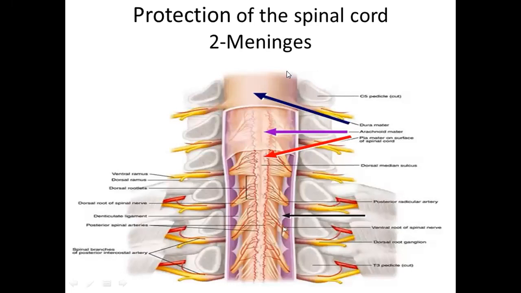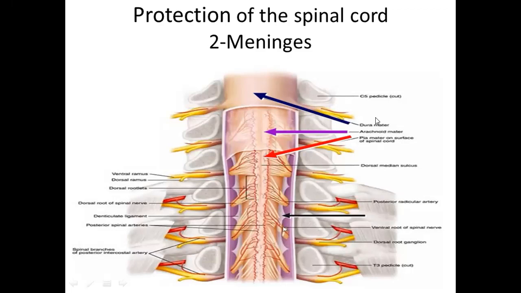What are the meninges? The meninges cover the central nervous system, either the brain or the spinal cord. The meninges are arranged in three layers, from outside towards the bone to inside towards the nervous tissue of the spinal cord. The outer layer is the dura mater.